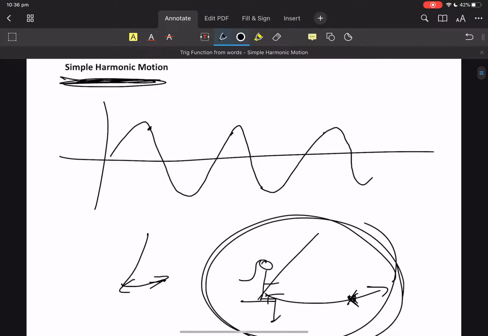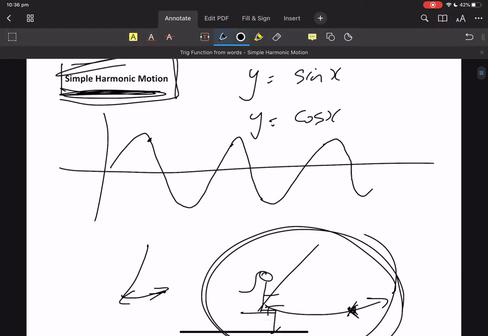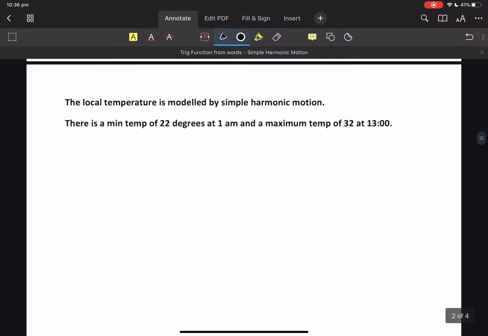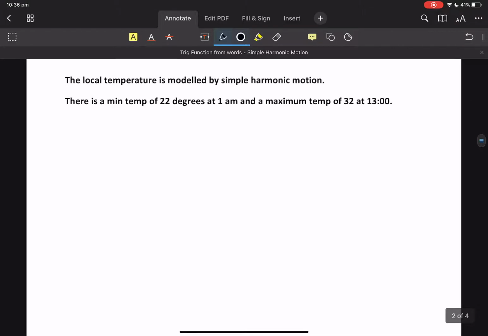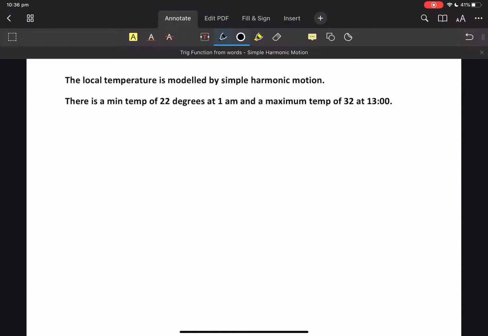These are all things called simple harmonic motion, and they can be modelled by periodic functions, which is what we're doing.